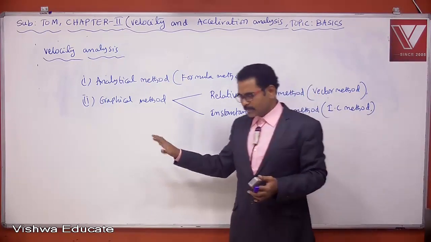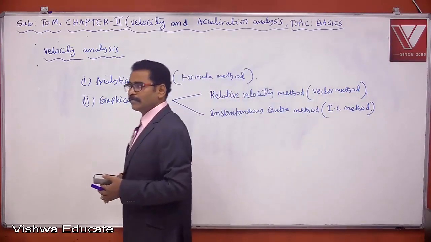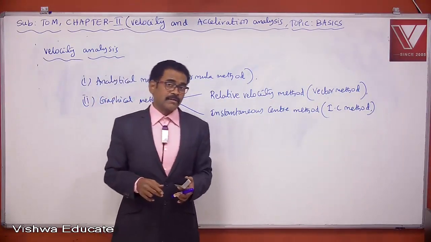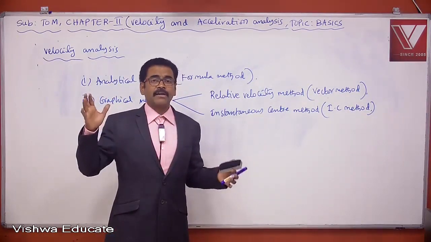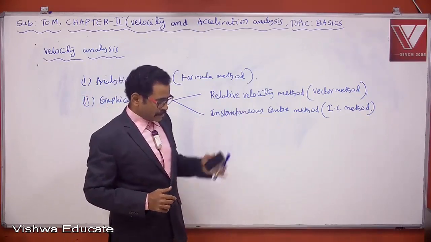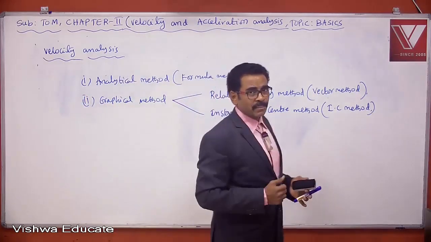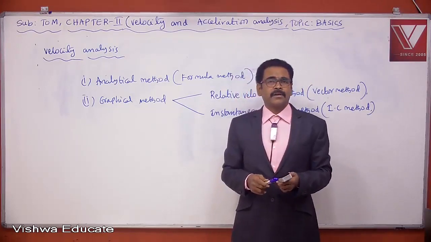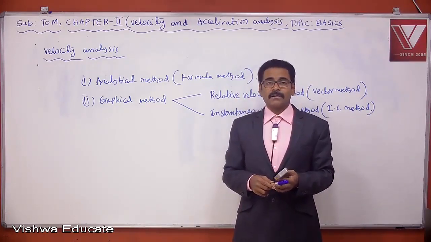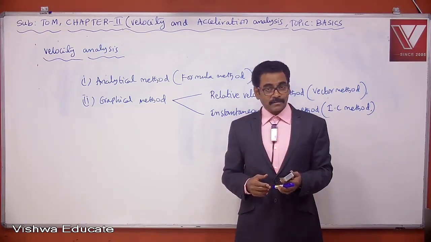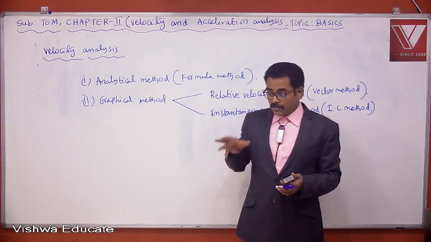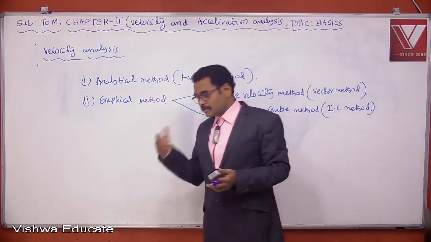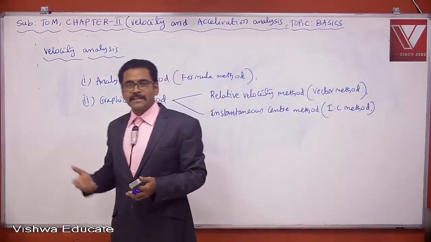If the number of links is few, you may follow the IC method. If the number of links is more, instantaneous center method may become laborious, it may become a cumbersome method. As the number of links increases, the number of instantaneous centers also will increase. So fixing instantaneous centers itself becomes a very lengthy process.